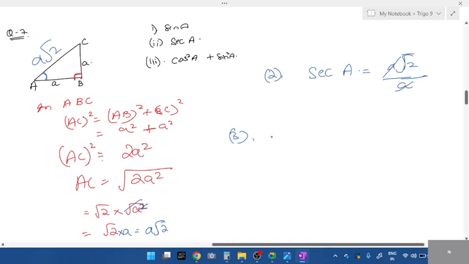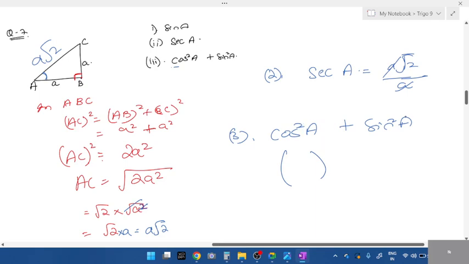Cosec is hypotenuse by perpendicular or base by hypotenuse? Cosec, I mean, not cosec, cos square A. What is base by hypotenuse, students? With respect to angle A, what have they given here? Angle A or angle C? Angle A, right?